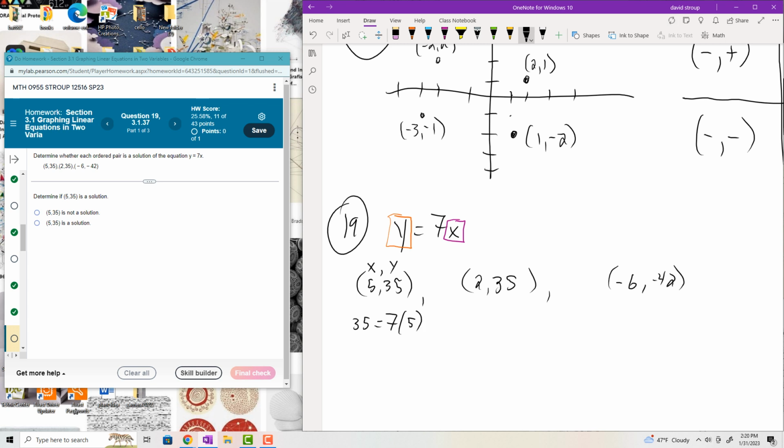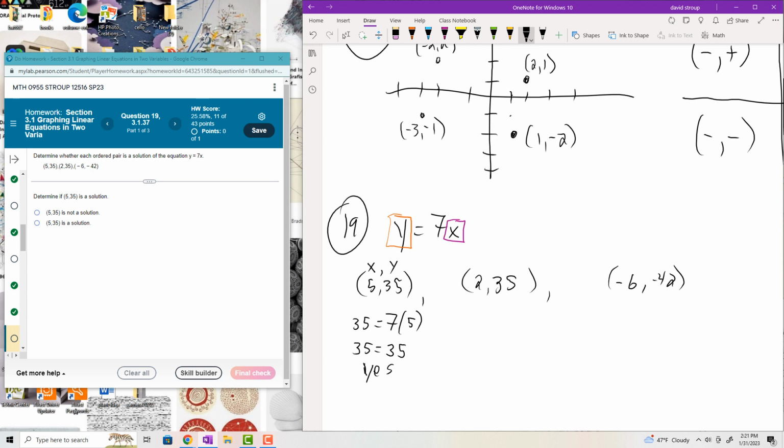Okay. So then you simplify both sides. Don't do any properties of equations where you're moving stuff to both sides or something. Just simplify both sides. And if it's a true statement, then it is a solution. Okay, so this coordinate is a solution. So I'll just write yes, just because I don't want to have to write it all out.